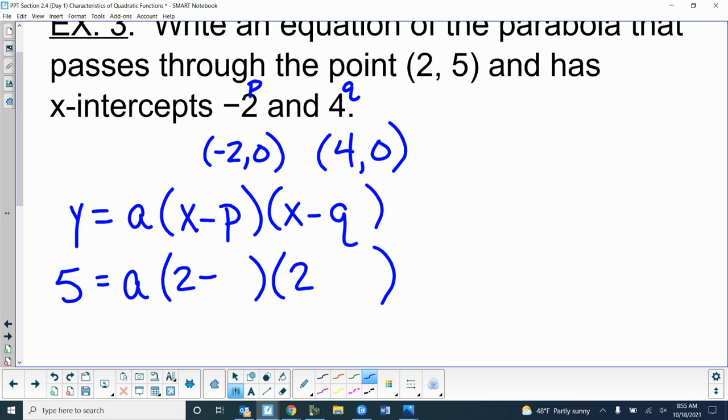And then the p is negative 2, and the q is 4. Questions on how it's always x minus, and then if it's a negative, what ends up happening? Turns into plus, right?